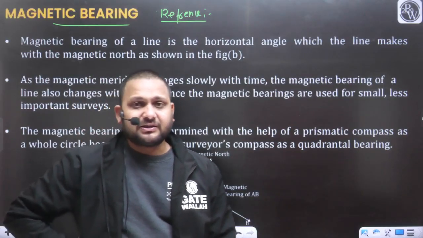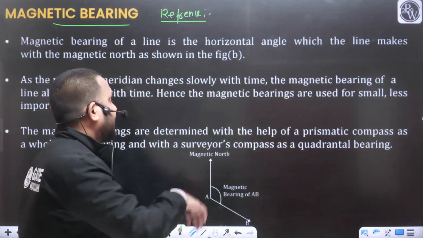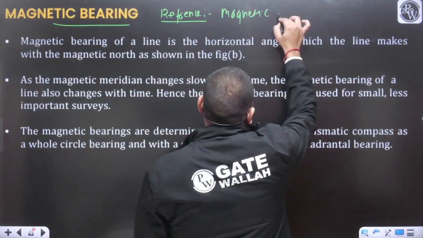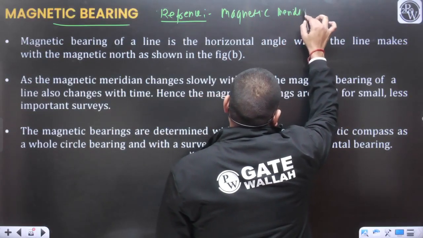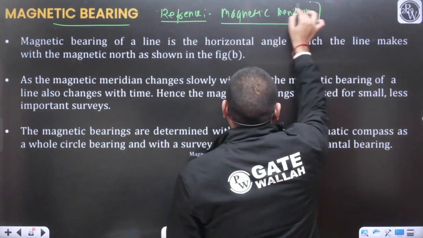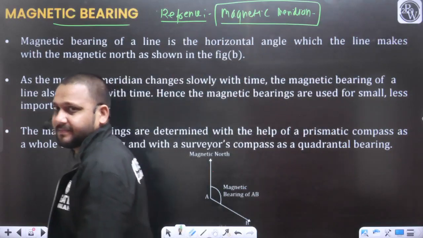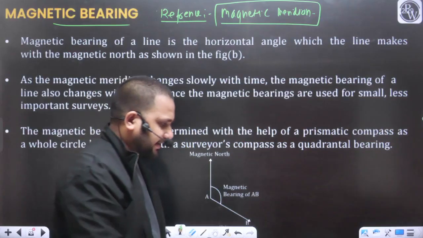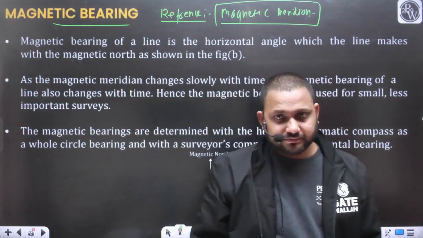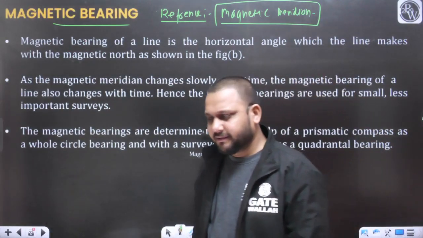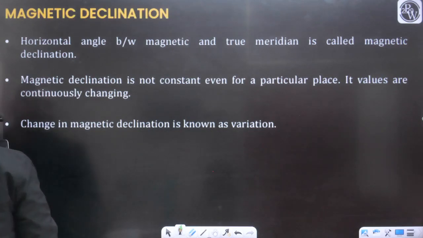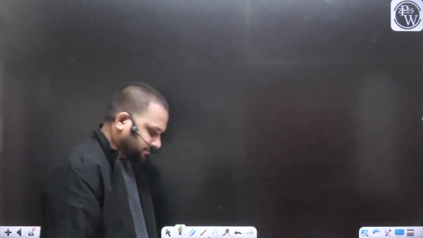For that we require not magnetic north, we require the magnetic meridian as the reference. Initially we have discussed all these points in detail. Clear? For the true bearing, the reference is the true meridian.